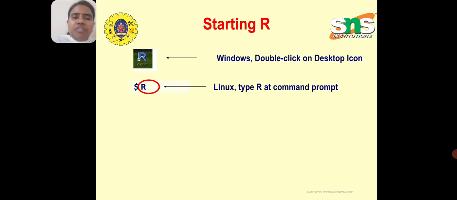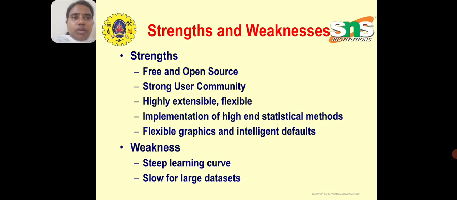Once we have installed the program, we double click it. On Linux, type R at the command prompt.